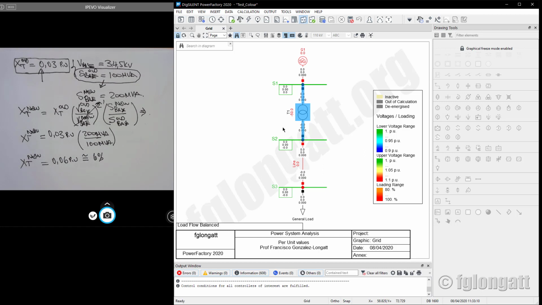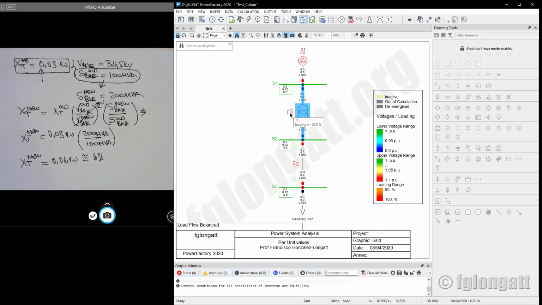And the comparison, okay? Bus bar number 1, there are no changes. Bus bar number 2, there are no changes because we use the proper reactance in this transformer. And bus bar number 3, there are no changes. That is perfect.